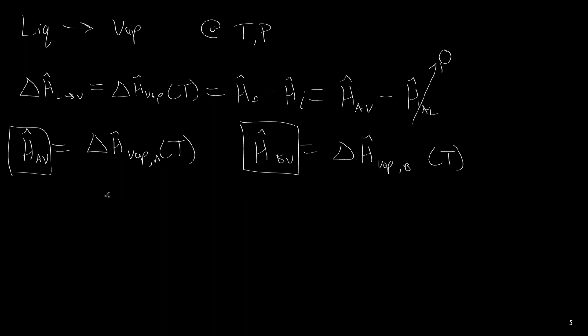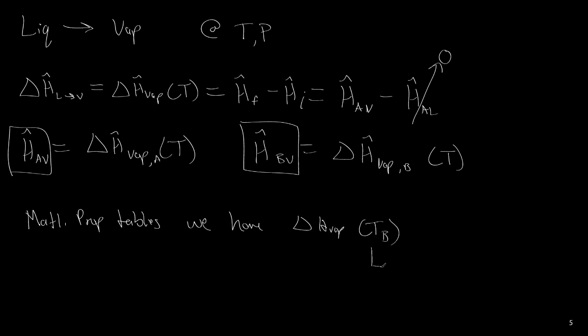Now, the heat of vaporization is something that is a function of temperature, and typically we only have heat of vaporization at the normal boiling point. So in material property tables, we have delta H of vaporization, which is typically at what I'll call TB, which is the normal boiling point.